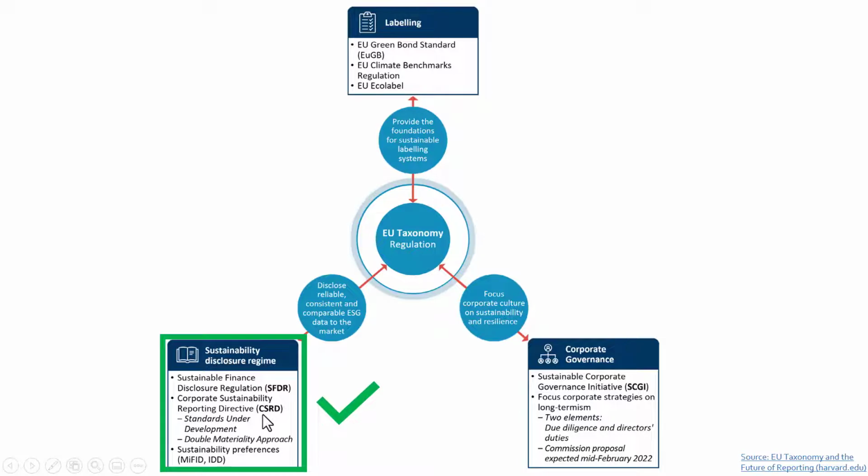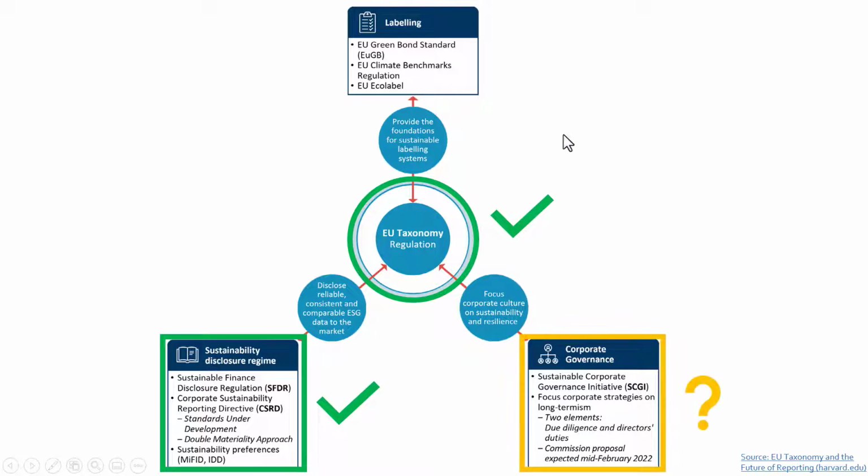That's what we covered. We also covered the taxonomy. I will not cover the eco-labeling, but here's something that is called corporate governance: the Sustainable Corporate Governance Initiative. So what is that? And what is the relationship to the other things?